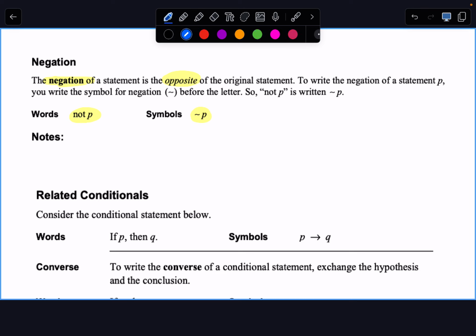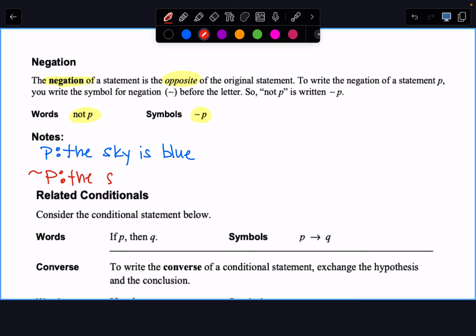For example, if P is the sky is blue, if our statement, not our condition, just our statement is the sky is blue, then if we negate that statement, not P, how would we negate that statement?